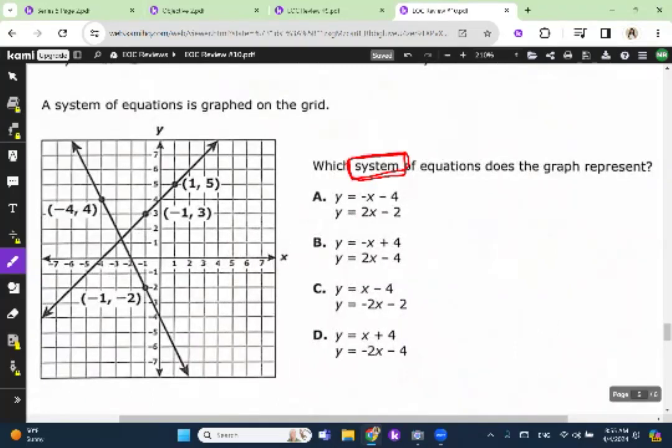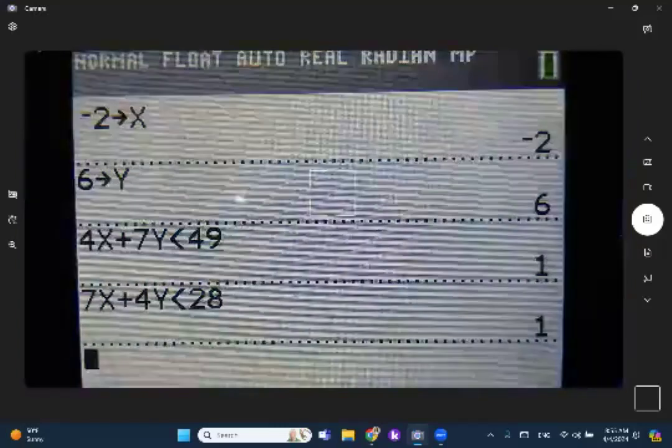You're trying to find where they intersect. Now, these are not in standard form. They're all in y equals, so we need to use the intersect method. Notice that they've labeled all of these additional points that have nothing to do with the problem. You're trying to find that point of intersection. So we're going to go to y equals, type in answer choice A.